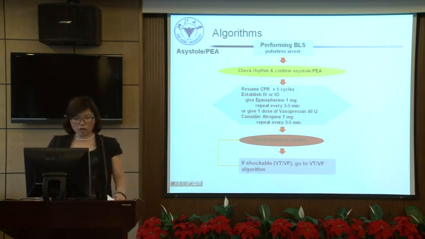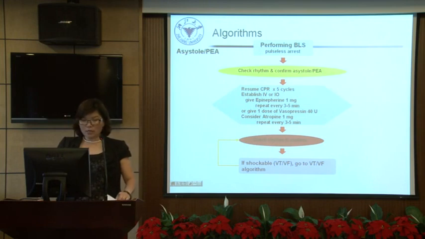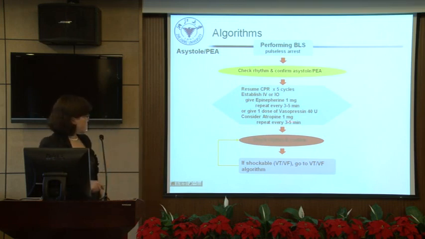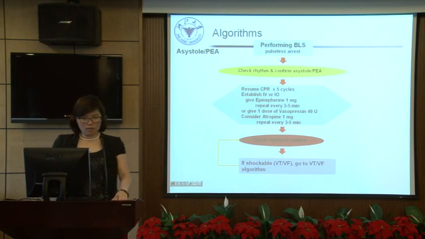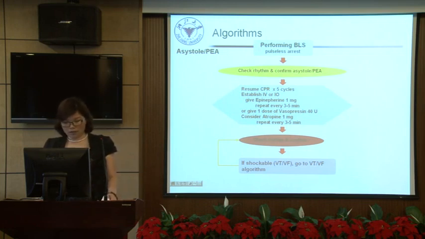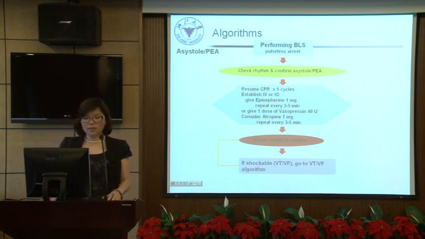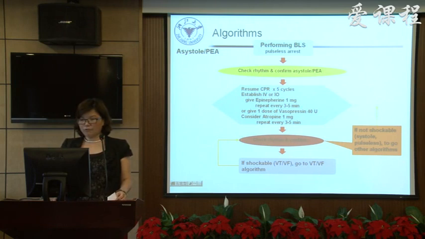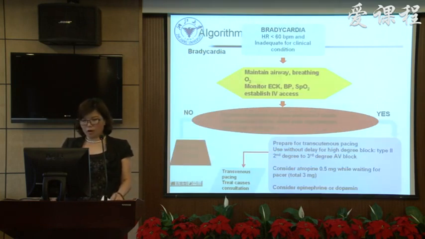Also you can give 1 dose of vasopressin, 40 units, and then consider atropine 1 milligram, repeated every 3 to 5 minutes, and then you check the rhythm. If shockable, you can go to the ventricular tachycardia or ventricular fibrillation algorithm. That means you can resume CPR, 5 cycles of CPR, and give a shock.